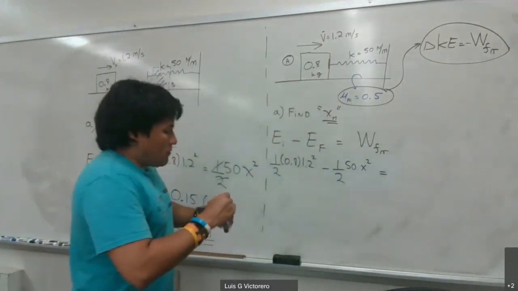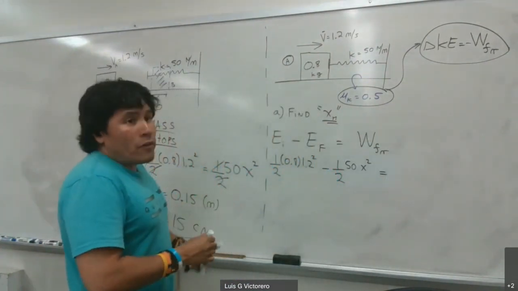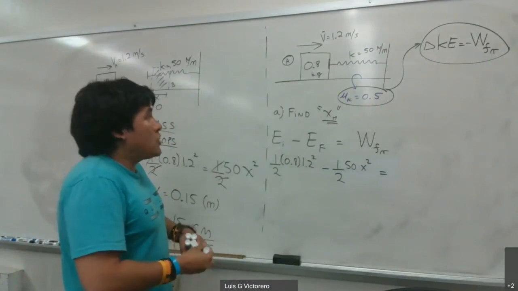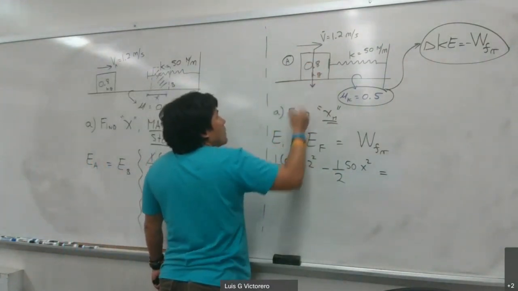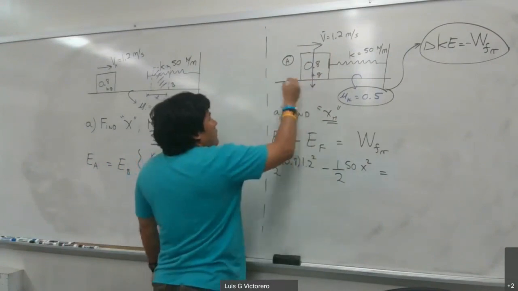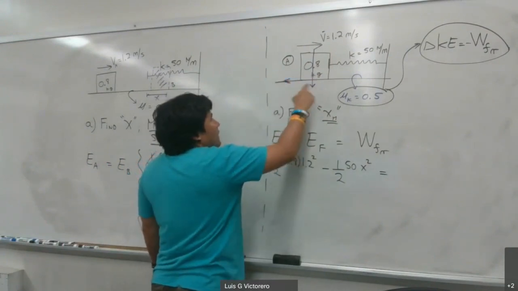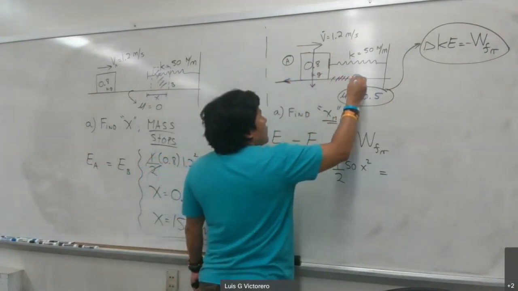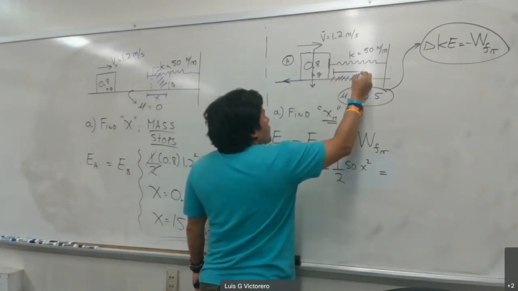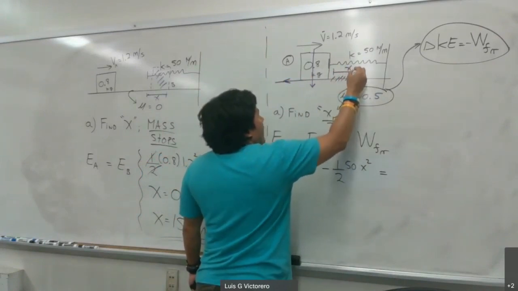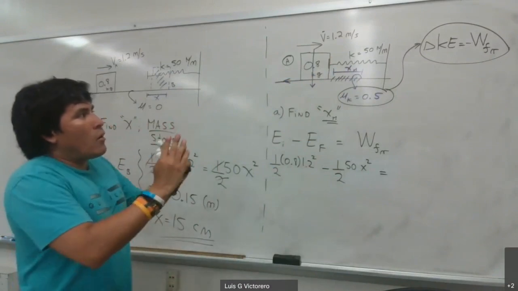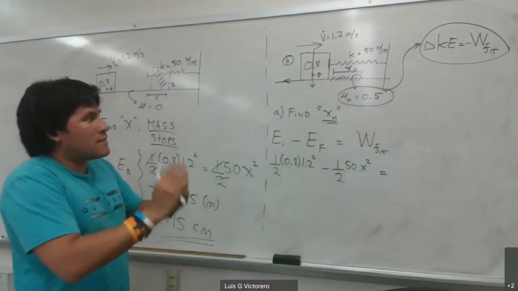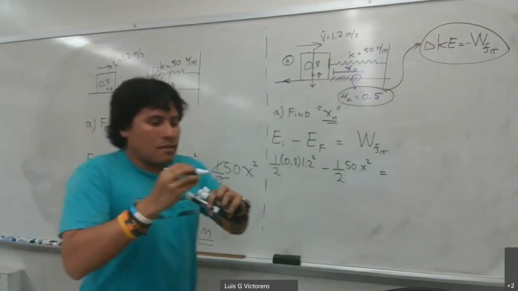The work done by friction. Okay. How do I find the work done by friction? I need to know the force done by friction. So that's the weight, and the friction will act across x max, however long it compresses. That's the length.